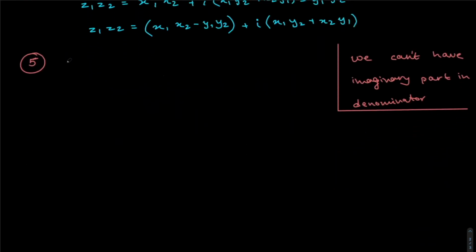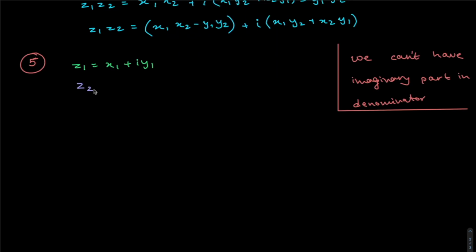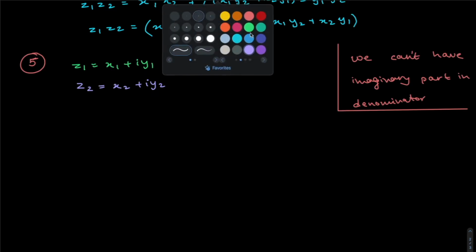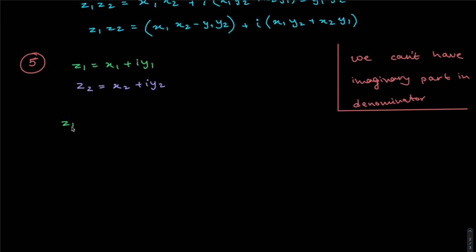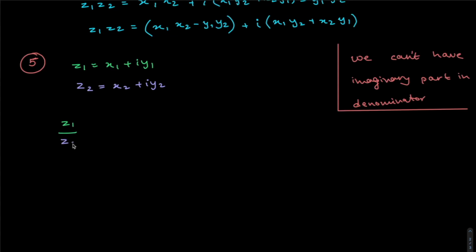So let's see, aqua. z1 is equal to x1 plus iy1, and z2 is equal to x2 plus iy2, right? So now if we have z1 upon z2, how would we write that?